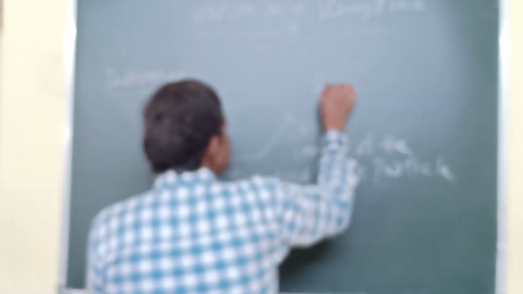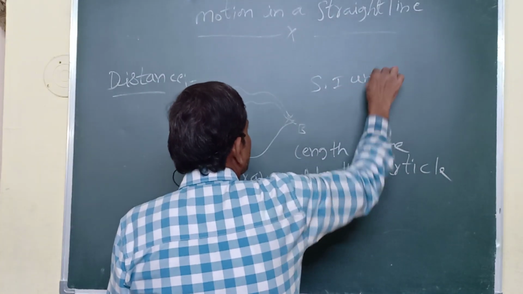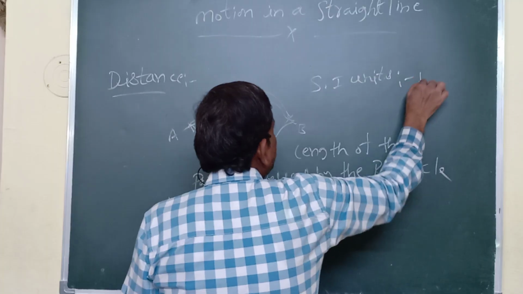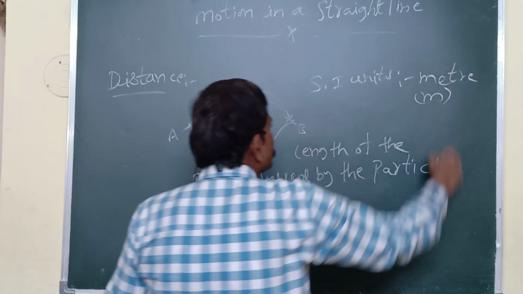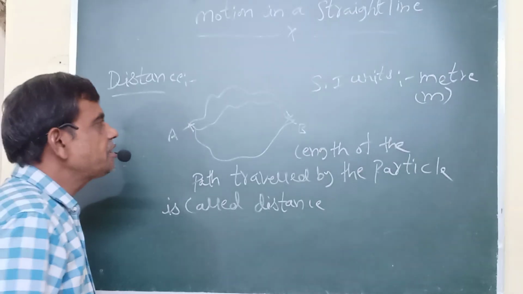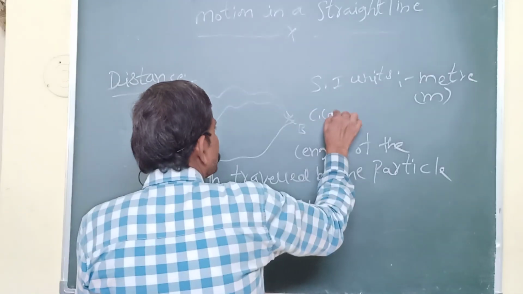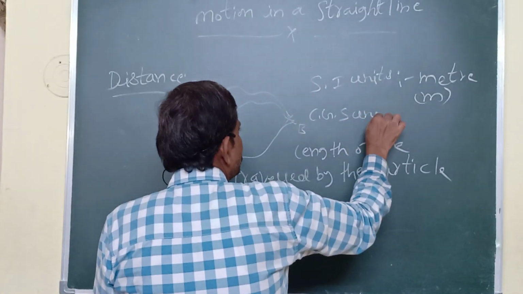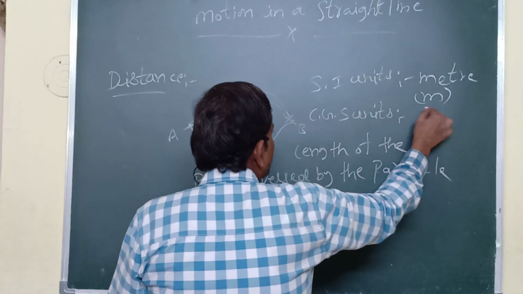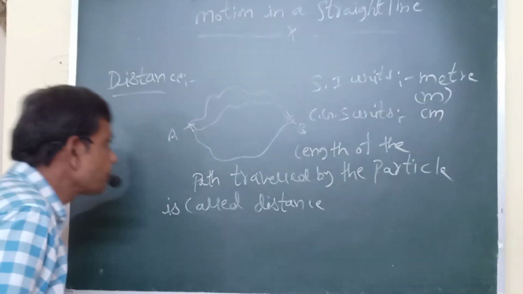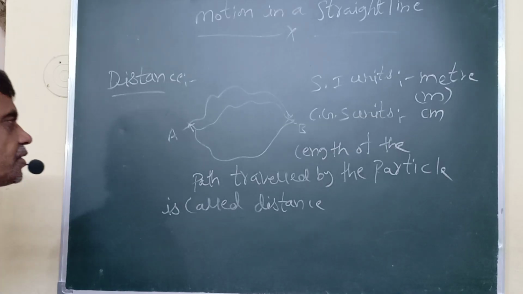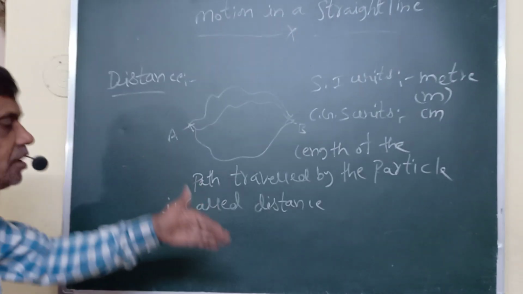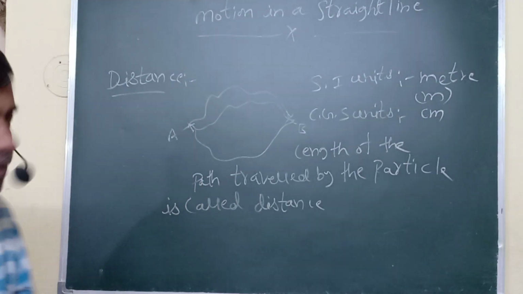What are its SI units? Its SI units are meters. What are the CGS units? CGS units are centimeter. So this is about distance. Distance means length of the path travelled by the particle.